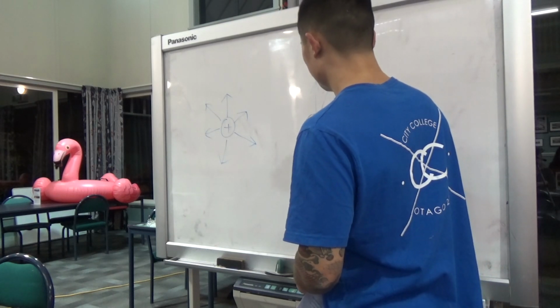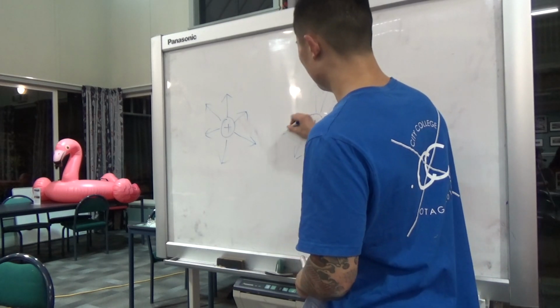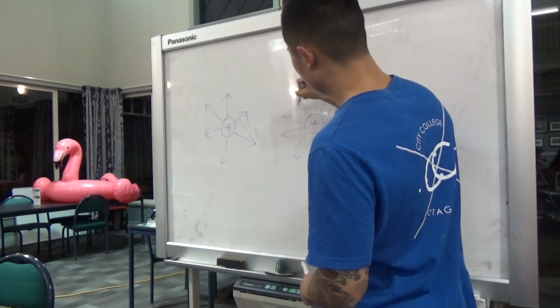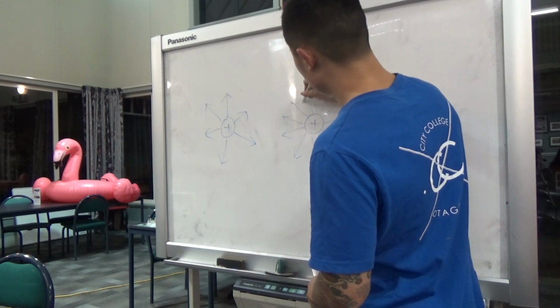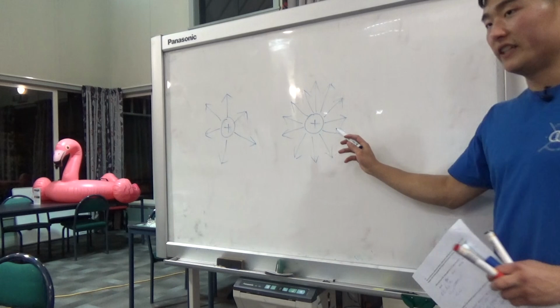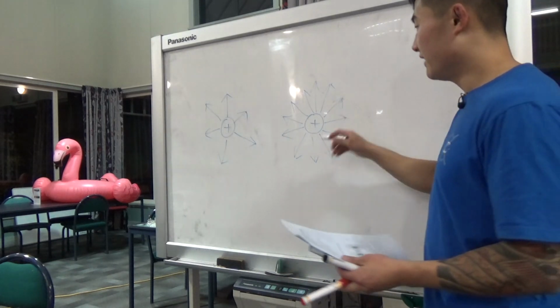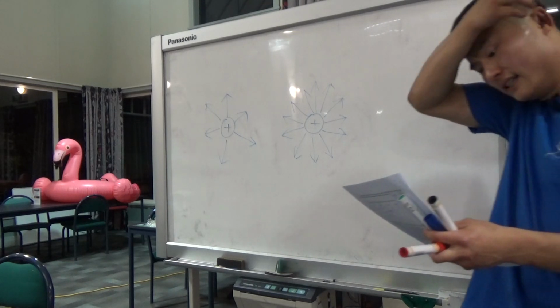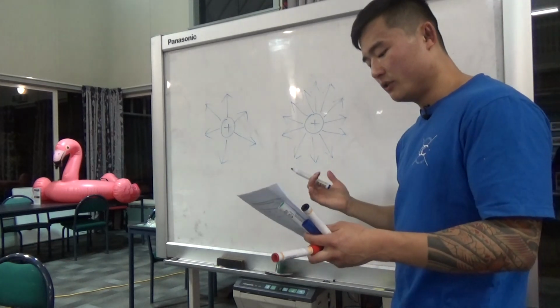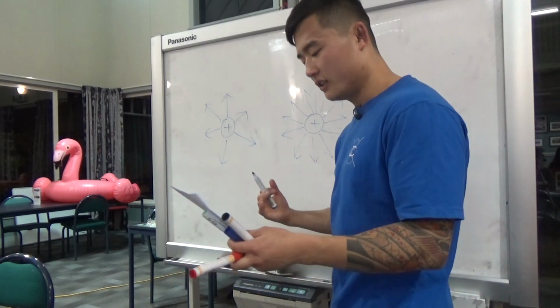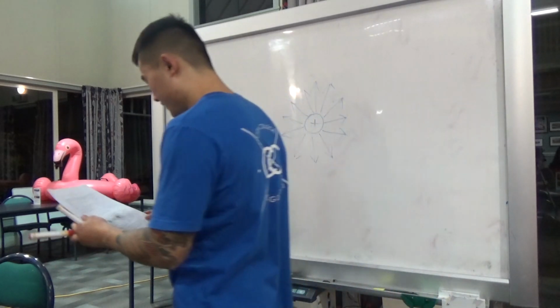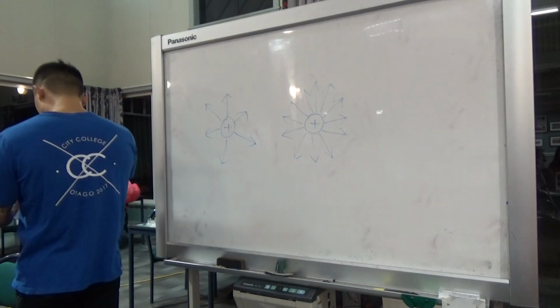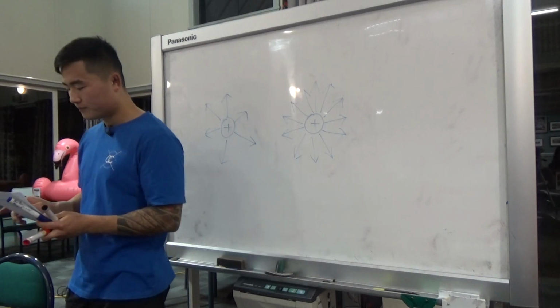So that means that the one with more lines coming out of it has a stronger electric field, and so it's going to have the greater magnitude of charge. Okay, so you can see there that Q1 would have a greater magnitude than Q2, and you've got two negative charges, so the sum would be negative. So your answer there would be B.